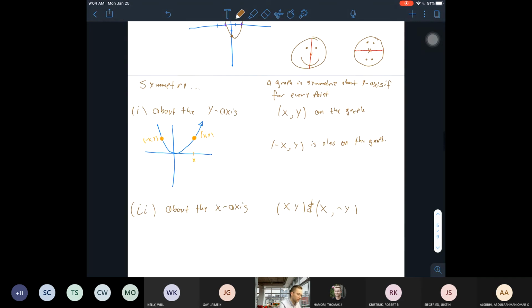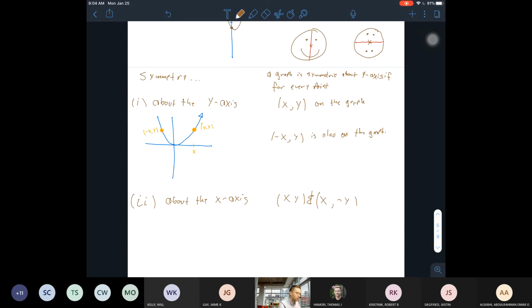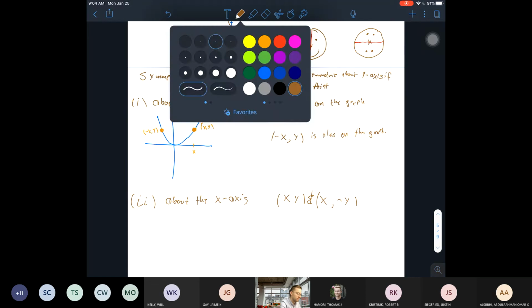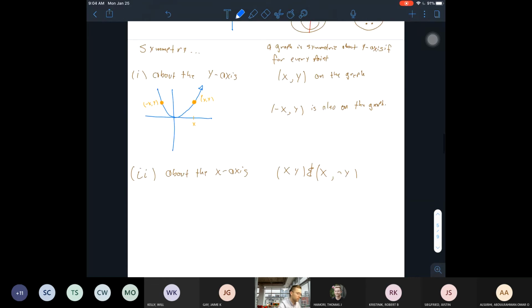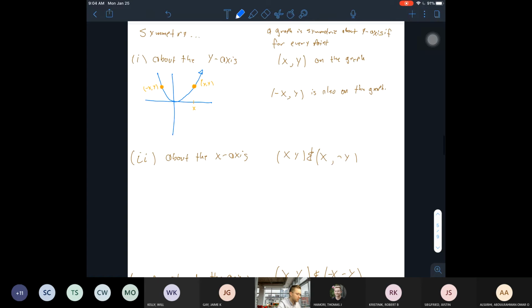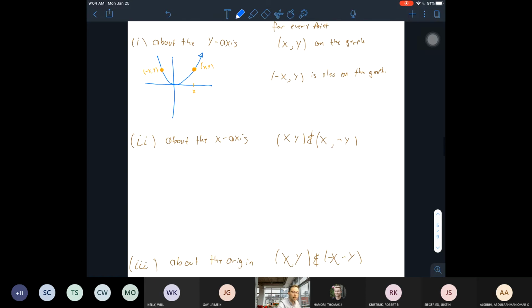So we can flip the x coordinate of any given point and it will still satisfy the equation. That's symmetry about the y-axis.